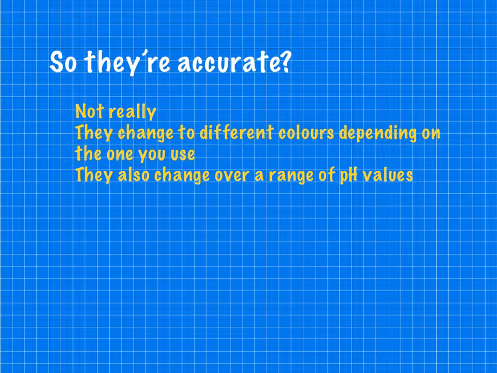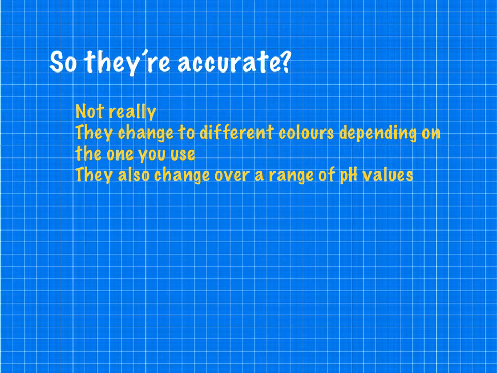And the most amazing thing is, it's not at an exact point. In other words, they won't change at pH 3, they change somewhere between 3 and 4 maybe. In the case of methyl orange, they change between 3 and 4. So it really isn't that exact, is it? It's not really accurate whenever we do anything with indicators.